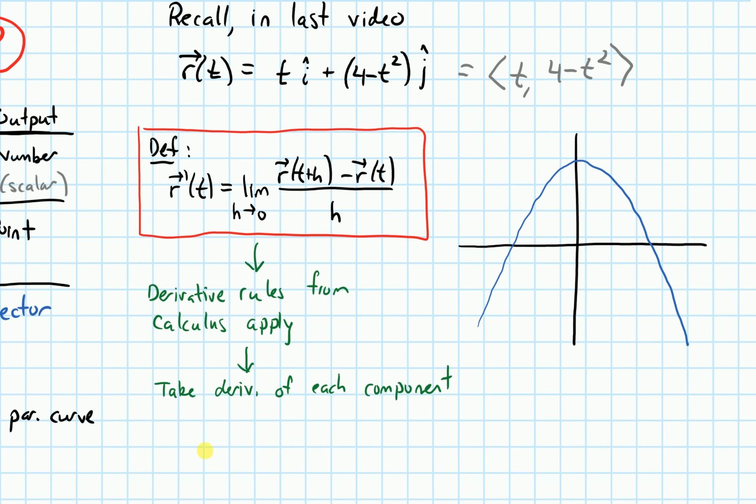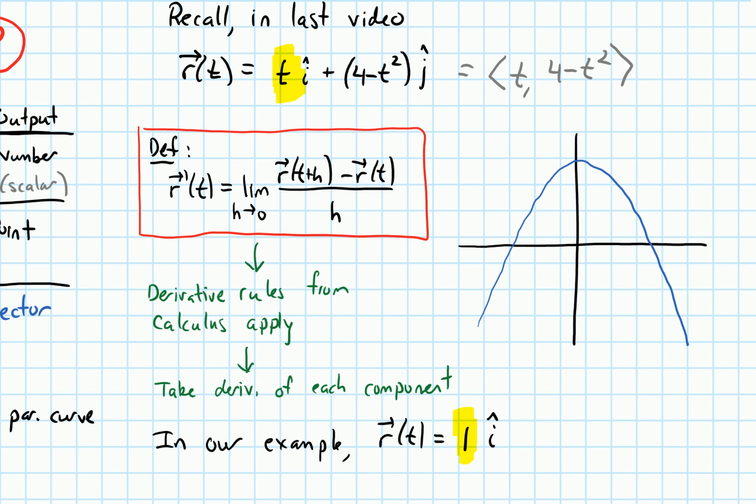So in our example, let's do that. In our example, r prime of t is going to be equal to, so the first thing that I have to do is look at the i component and then take its derivative. So the derivative of t would be 1. So that would be the derivative of t, and then I'll have that i hat.